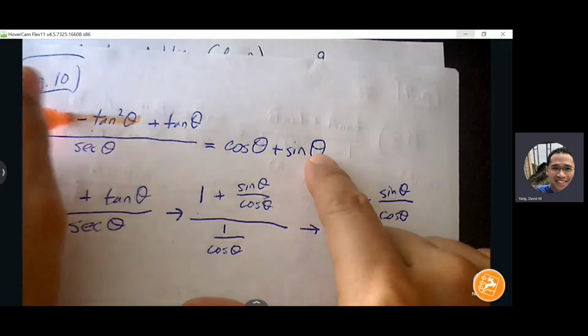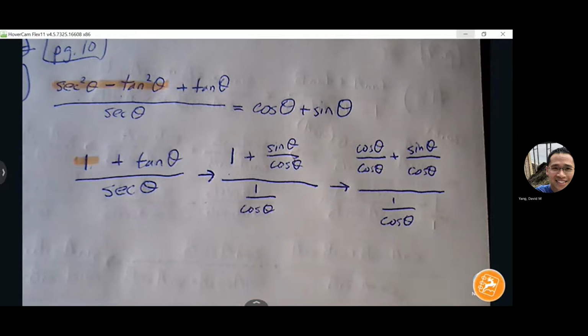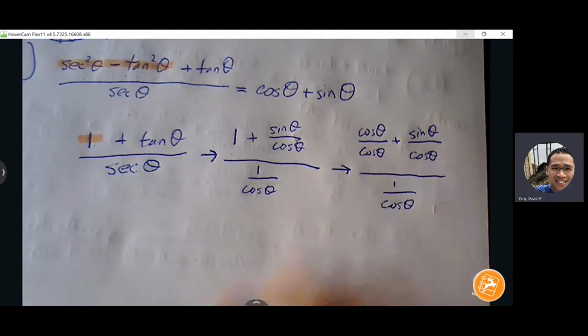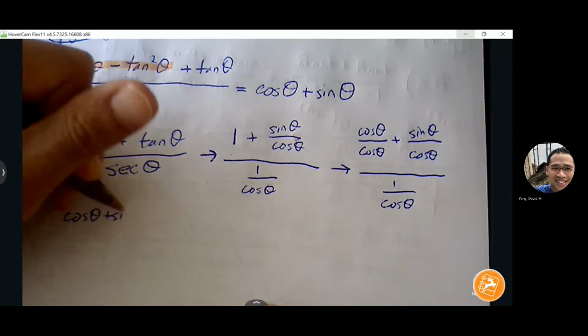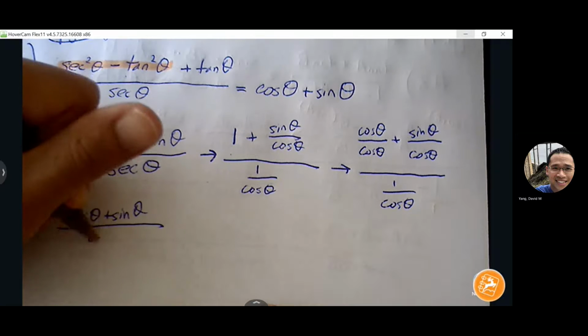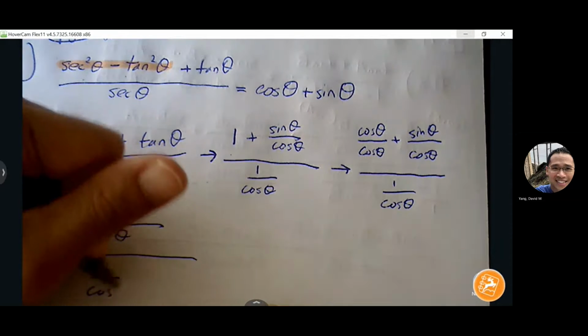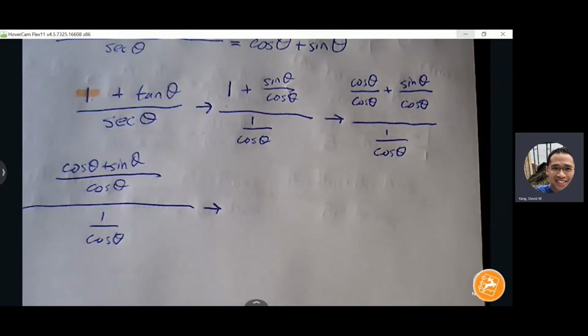So this piece. All right, so now that I have a common denominator, I can merge the two fractions together. This may feel like a more familiar path since we've been doing problems this way.